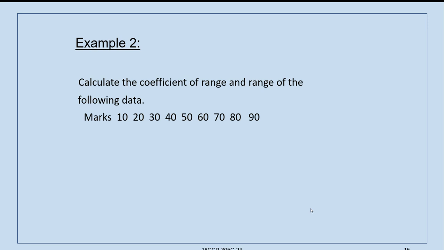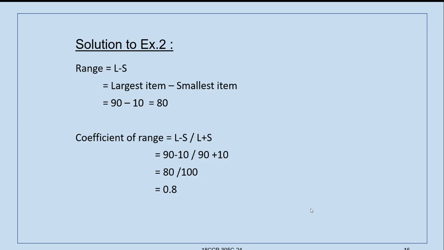And coefficient of range is 90 minus 10 by 90 plus 10, that is 80 by 100, that is 4 by 5, which is equal to 0.8. So L minus S is 80, largest item minus smallest item, 90 minus 10, 80. Coefficient of range is L minus S by L plus S, that is 0.8. So this is about the calculation of range and coefficient of range for individual observations.